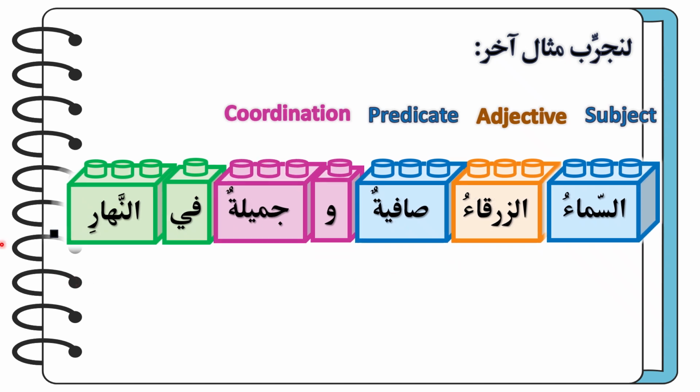And add also a coordination to the sentence, and this coordination is going to be attached to the predicate, so it should agree with it. So if صافية, clear, is indefinite, وجميلة also should be the same. And they both agree in the grammatical case, the endings of these words. So it becomes السماء الزرقاء صافية وجميلة في النهار.